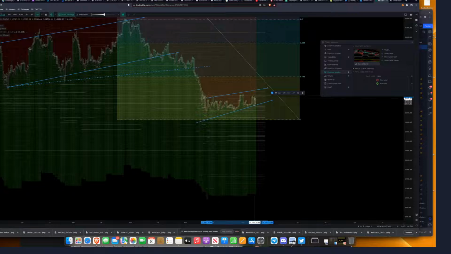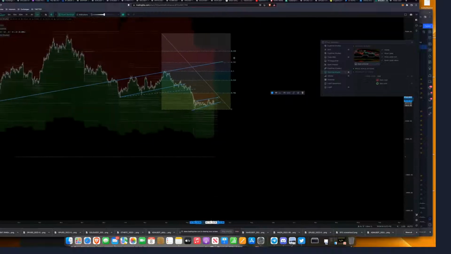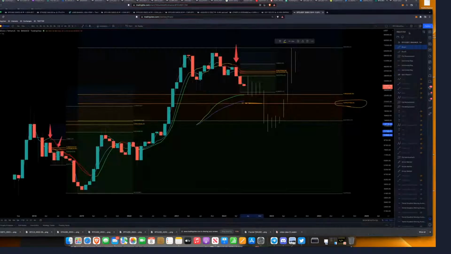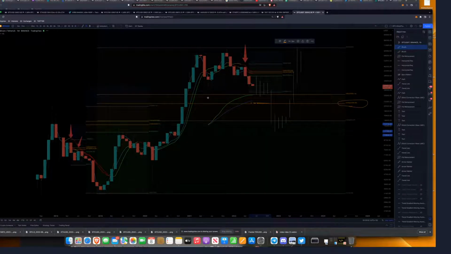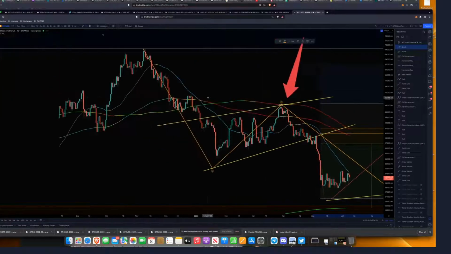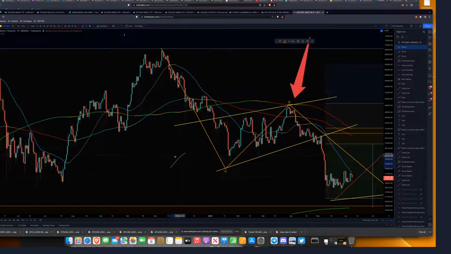This can potentially lose. But I still think, like I said, we have 3 ranges. And if I were to go back to my old chart and look on the daily and get the lessons from before, we had a capitulation here. We had our bottom and top range.